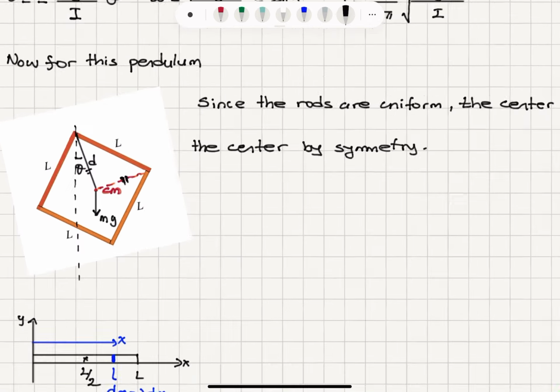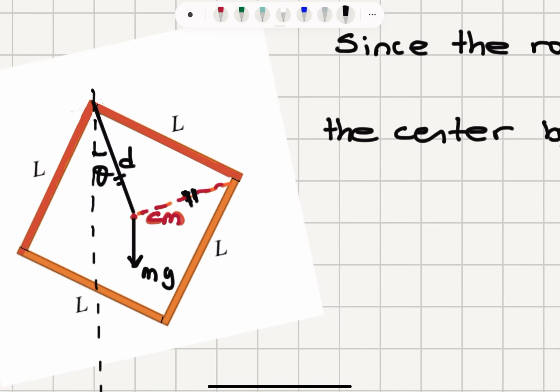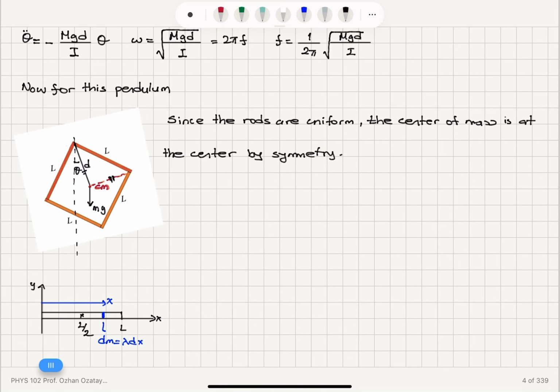So we can see that the center of mass will be located right in the middle here, equidistant from the four corners. Okay, and what is the distance to one corner here? You can see that it will be the distance d.